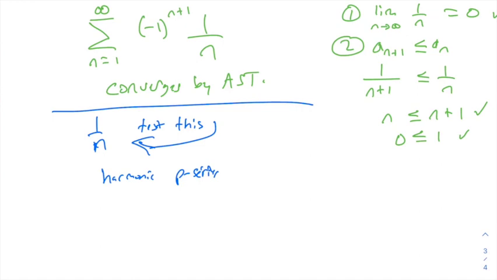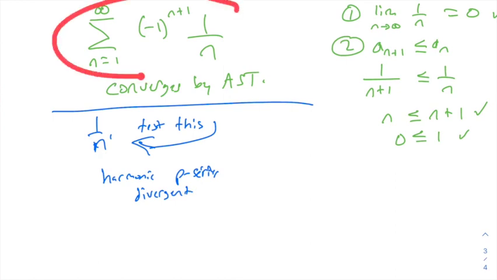It's 1 over n to the first power. Any p-series where p is less than or equal to 1 is divergent. So this is equal to 1, so this is a divergent p-series.